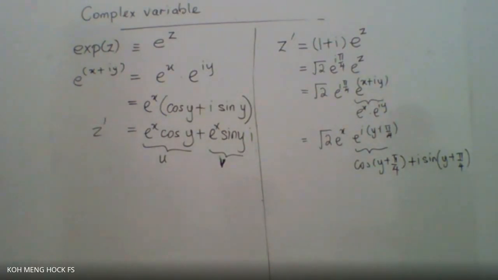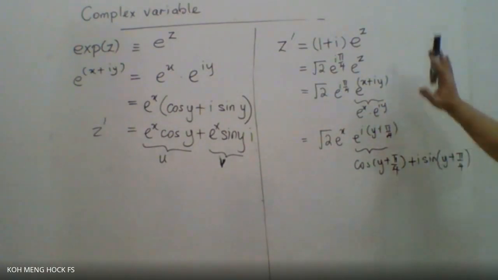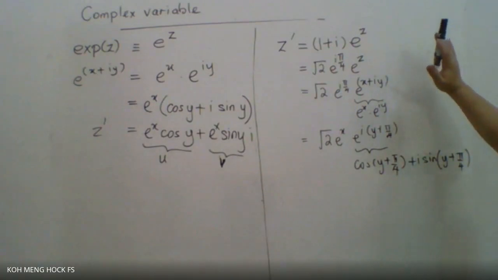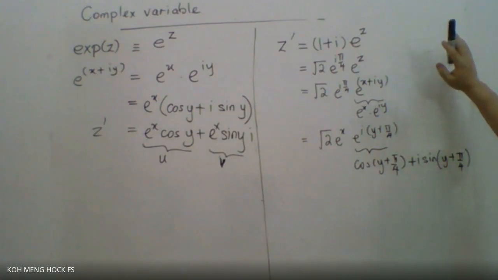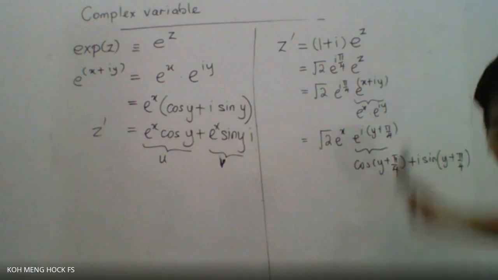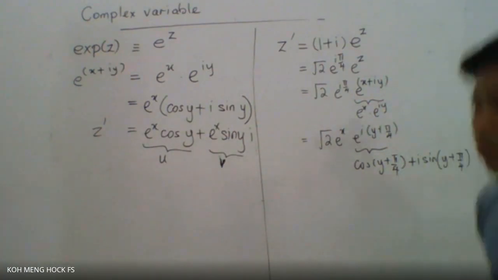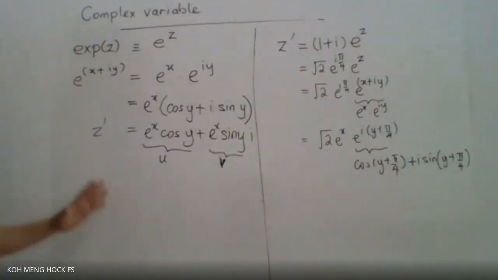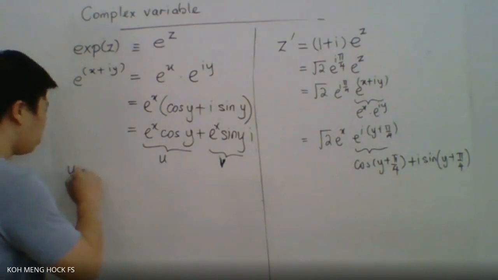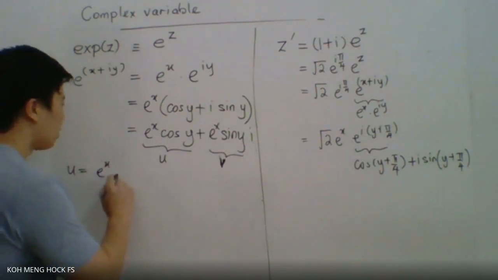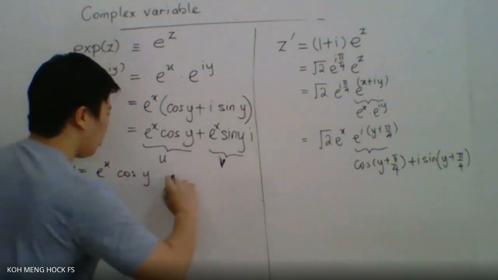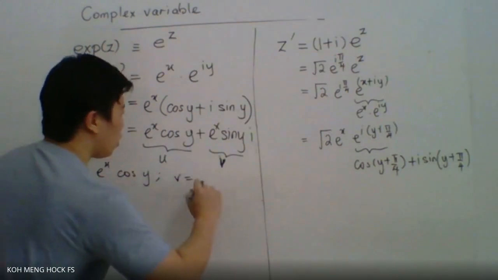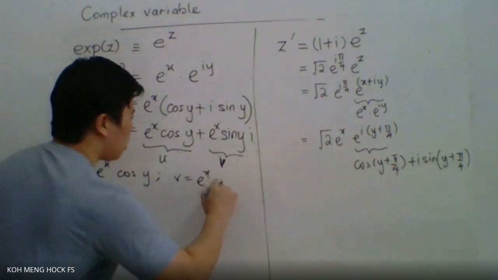So you've got to be very careful when you deal with complex numbers like this. Okay, so now faham yang ni? Ada soalan? Faham, very good. Okay, so now my u is equal to e^x cos y, v is equal to e^x sin y.